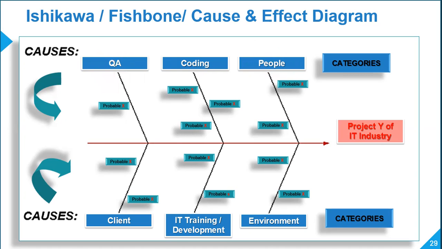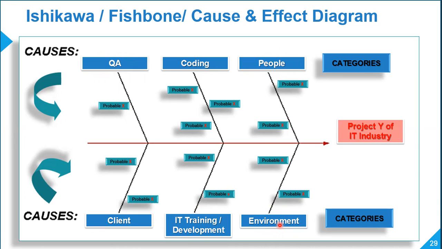Then client related, IT training and development related, and software environment related. This is how it would look for IT software development or the IT operations team. That's for IT, ITO or IT operations, or the ITES industry, IT enabled services, which is more or less BPO, KPO, contact centers, and all those.